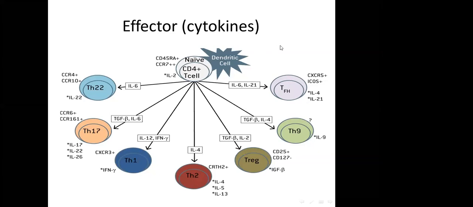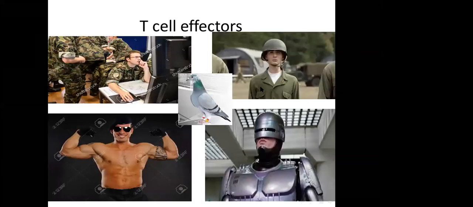Okay. And as we mentioned in the previous session, the effector T cells are different groups of soldiers. Every soldier has its function and its role in the immune system. This is a summary of the effector T cell, and I want to highlight two types of effector T cells.